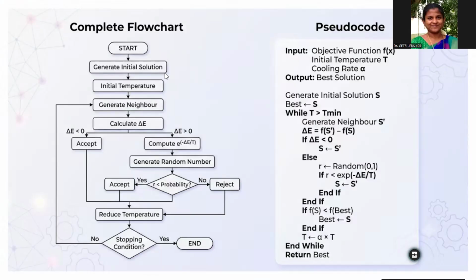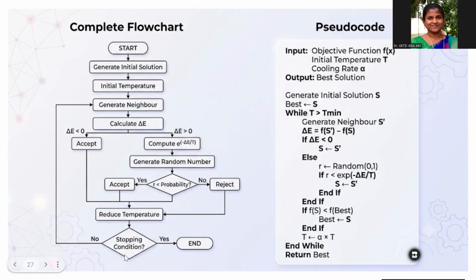You generate an initial solution, you set the initial temperature, you generate neighbors, you calculate the cost delta E of moving from the old one to the new one, and then you accept it if it is less than 0. If it is greater than 0, you compute the probability and generate a random number. If R is less than the probability, you accept, otherwise you reject. Then you reduce the temperature.